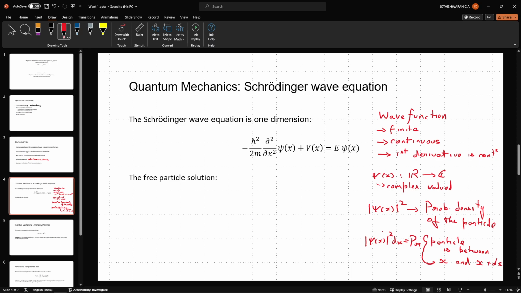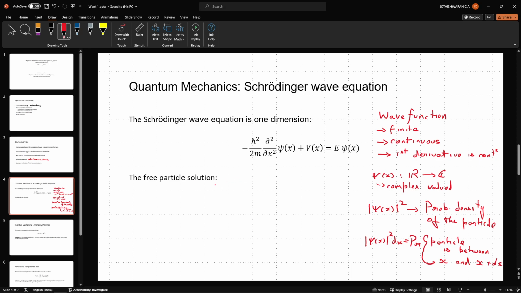So if we want to find the probability of the particle being present in a certain region, we shall integrate this quantity over that region. We shall do this pretty soon. We shall do this as one of our examples in today's session.